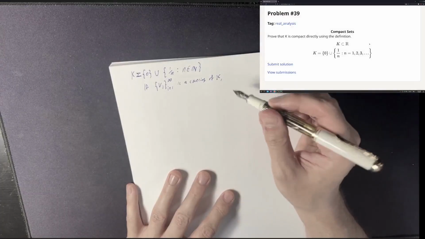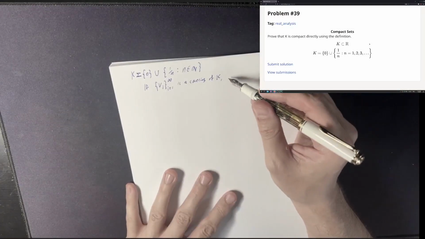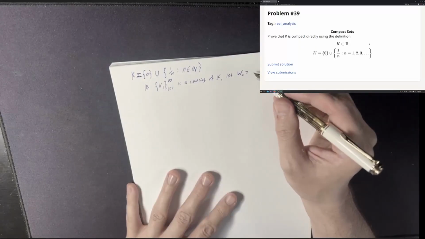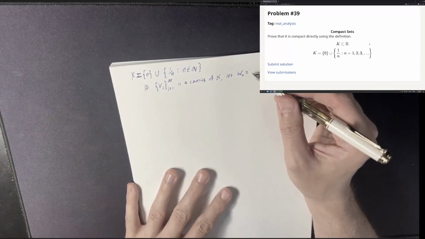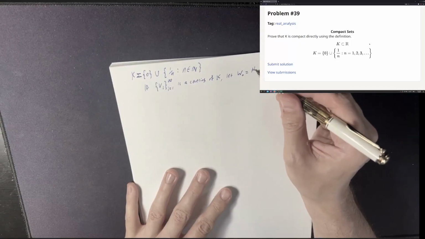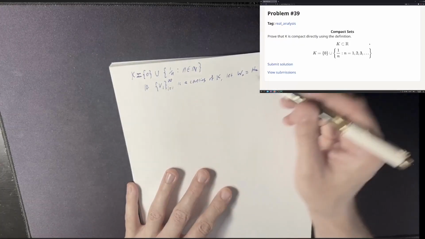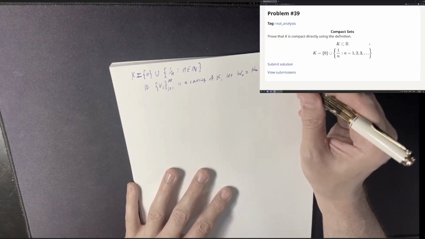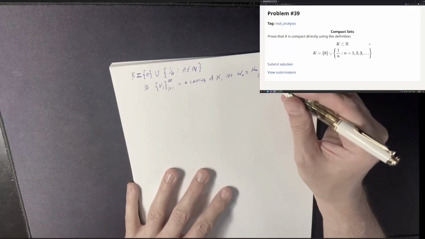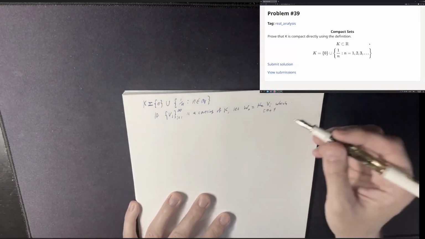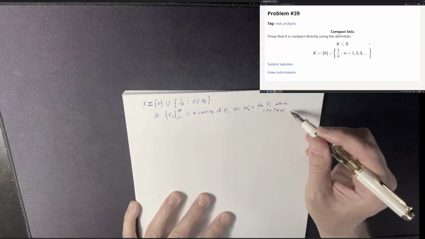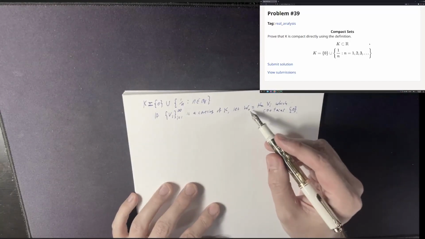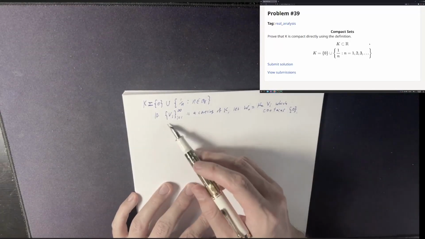So if you do have a covering, I'm going to say let W_0 be the element that contains 0. So my W_0 is whichever one in this family.